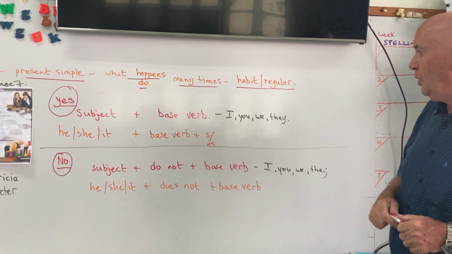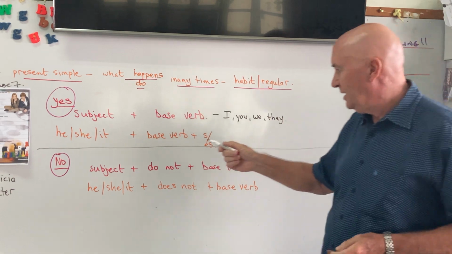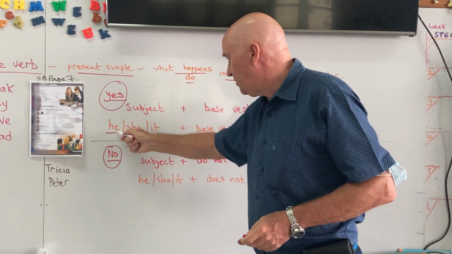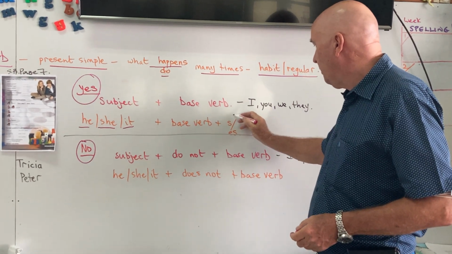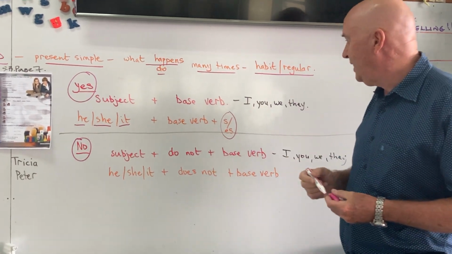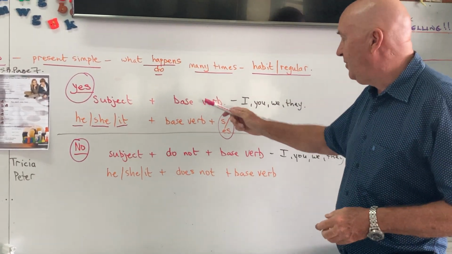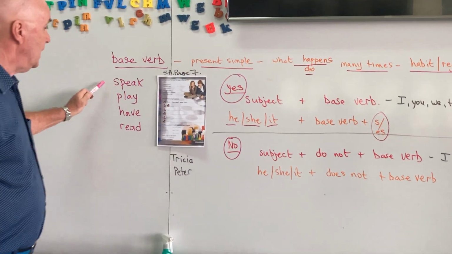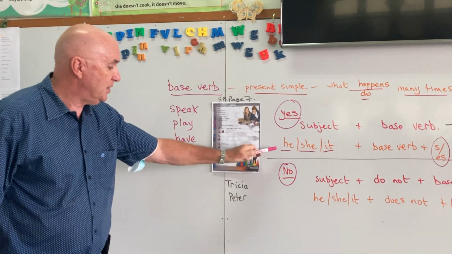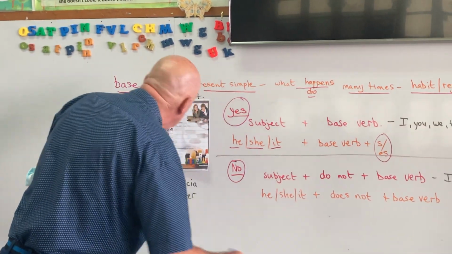But with the simple present tense, if our subject is one boy or one girl or one thing, then we would put S or ES on the end of the base verb. So I would say, I speak, but he speaks.